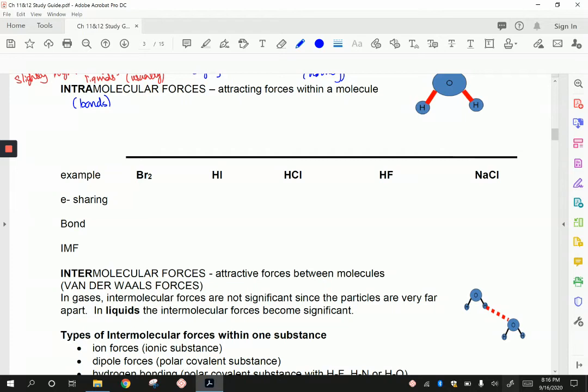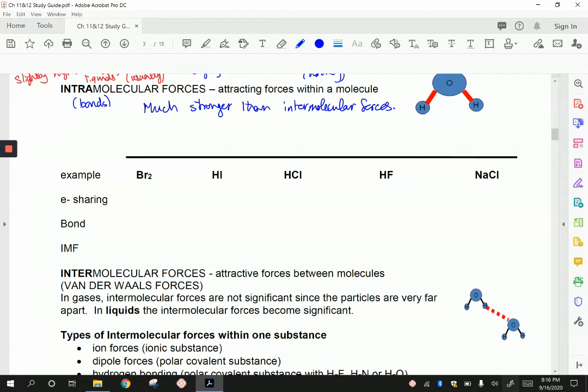And so intramolecular forces, these bonds, are much stronger than the intermolecular forces. And again, to break these, I need a chemical reaction. To break these or overcome these, I need just a physical change. Much easier to vaporize liquid water than it is to break it down into hydrogen and oxygen gases with electrolysis or something like that.